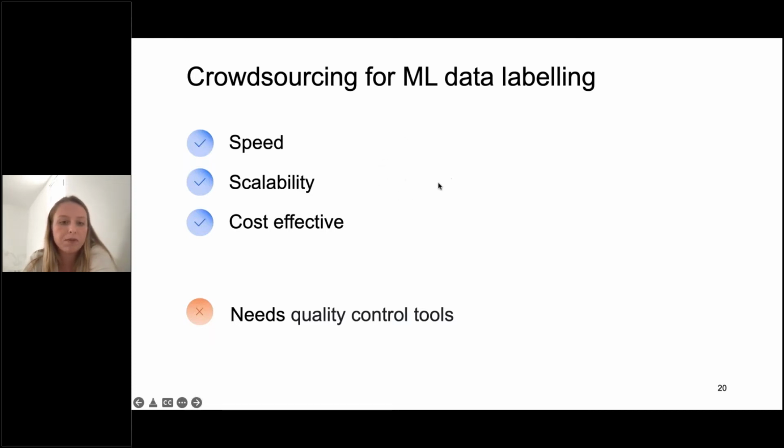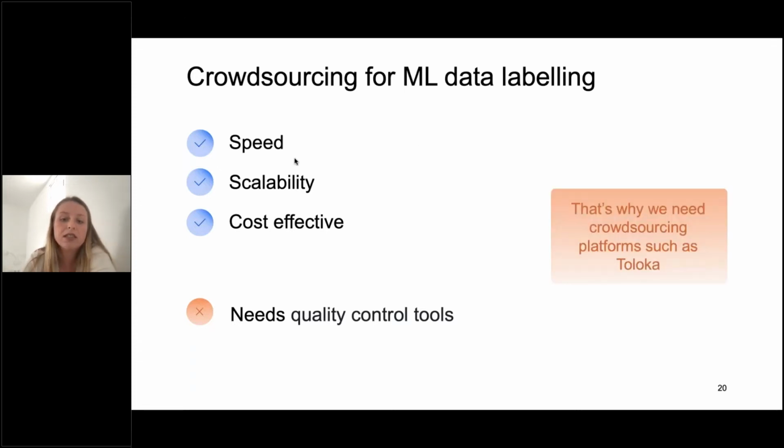Usually, if you have a large crowd, the process should be fast, it's easily scalable, and because you can choose the price you pay, it could be cost-effective. But what is not guaranteed by default is whether your data will have good quality. And this is why we need crowdsourcing platforms such as Toloka, where we can set up and develop the quality control tools that are needed for crowdsourcing.